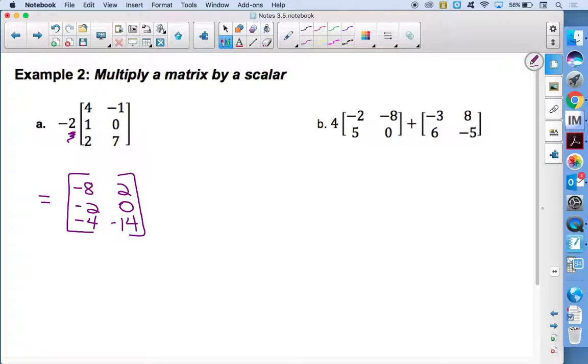Good. So if you look at letter B, remembering order of operations, try and simplify that matrix.